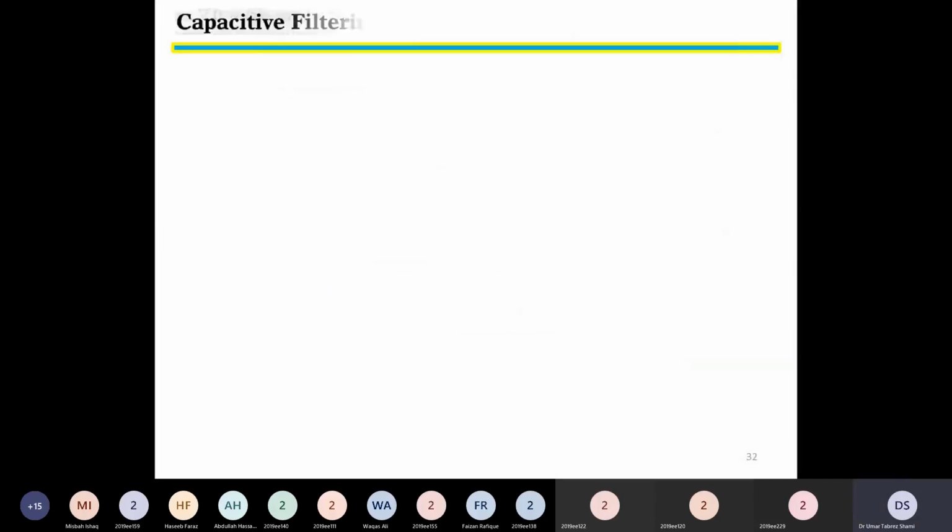And in today's lecture, we will start with the capacitive filtering. This is a technique to reduce ripple voltage by using a parallel or a shunt capacitor.